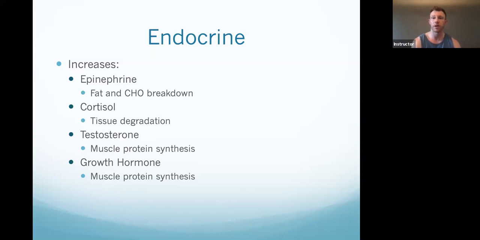It's going to break down, but again, you break down so you can build up. Testosterone is going to increase. Muscle protein synthesis is one of the benefits of testosterone, along with a couple of other things. And then growth hormone, again, muscle protein synthesis. You want those to increase while you're exercising or right after exercise to enhance that muscle building. So if your goal is muscle building and you're not resistance training, you're probably not going to achieve your goal, or it's going to be a lot harder to achieve it.